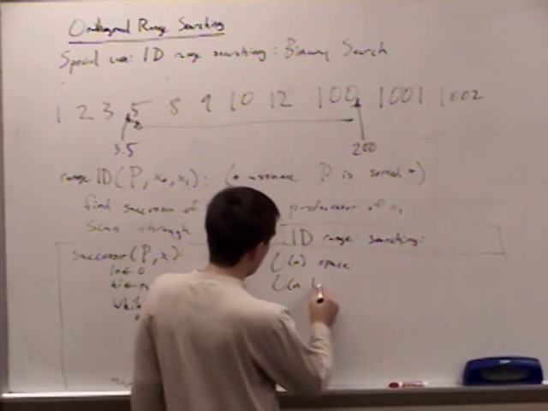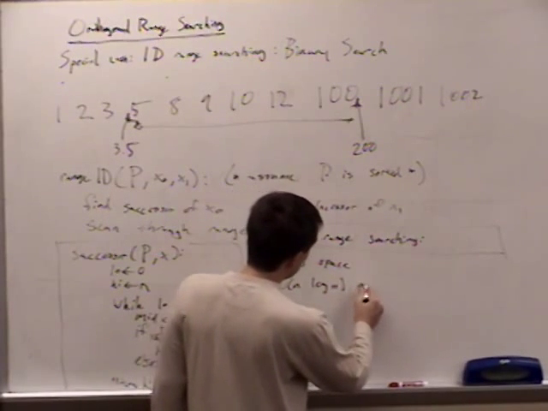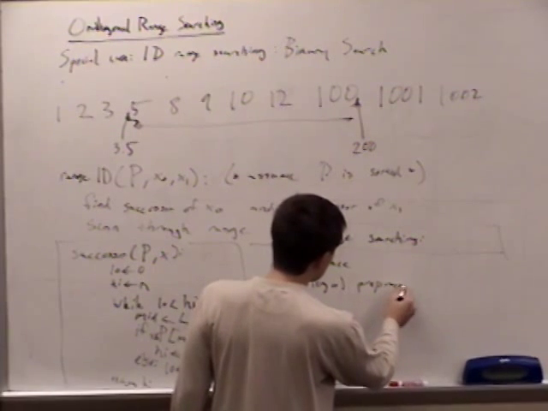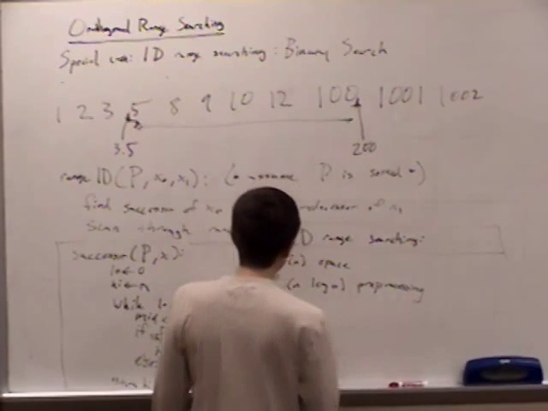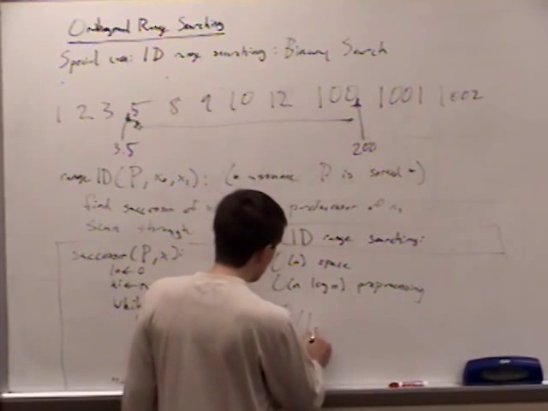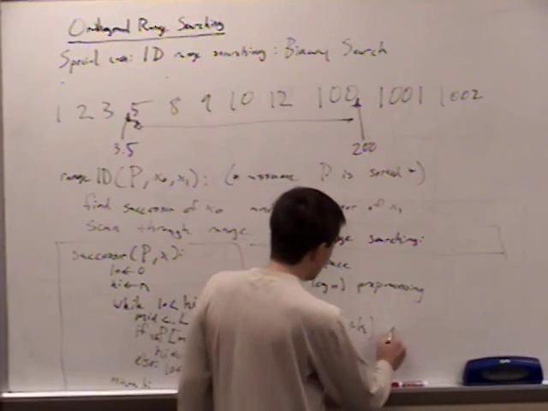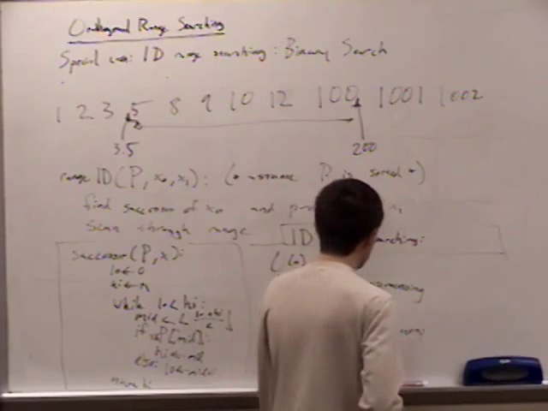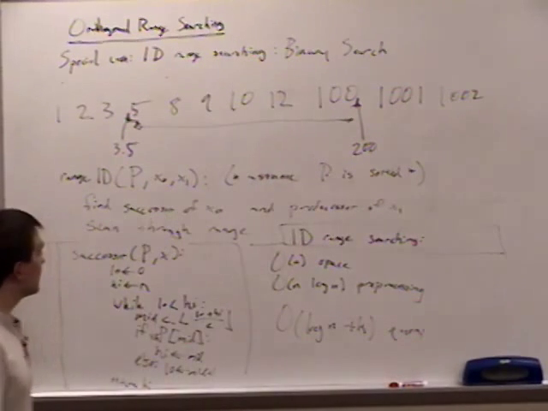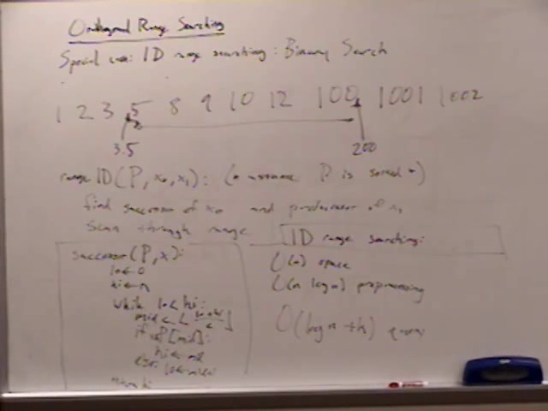We have an order n log n pre-processing step, which is to sort the list. And the cost of querying it is order log n plus k query time. All right, so that's the simple picture for 1D range searching.